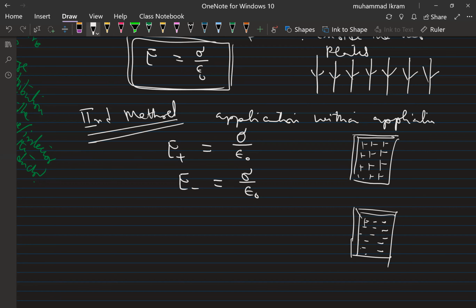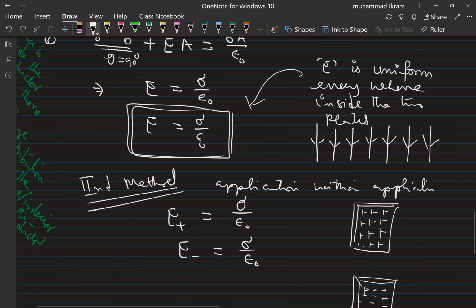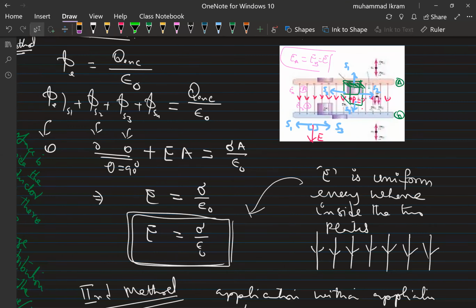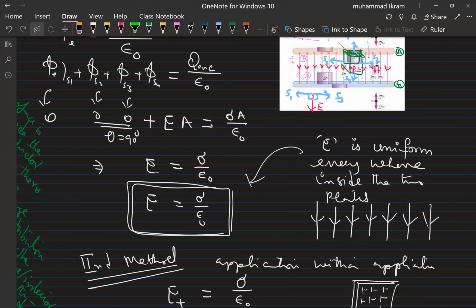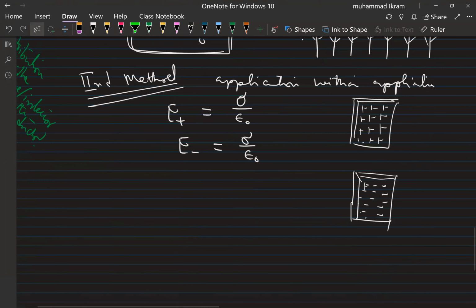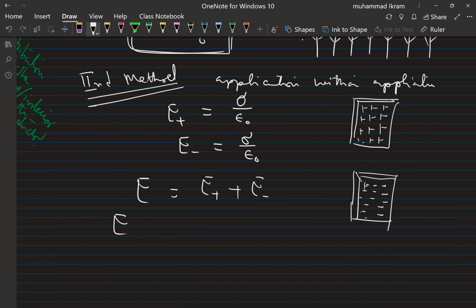But you know that in both cases the electric field intensity is in the same direction, from A to B, for the positive and negative plates. So what will be the total electric field intensity? It is E plus plus E minus. I use Gauss law within Gauss law for this case.